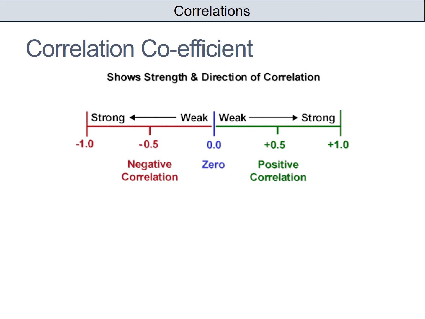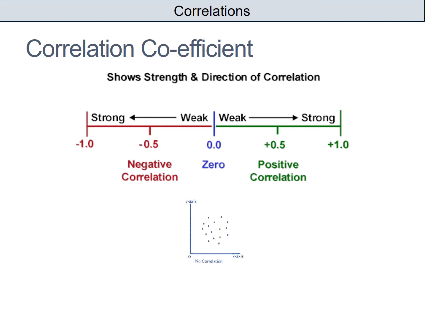The number will range from between -1 and +1. So -1 is a very, very strong negative correlation, and +1 is a very, very strong positive correlation. If you get a correlation coefficient that comes out around 0, that would suggest that there's no correlation.